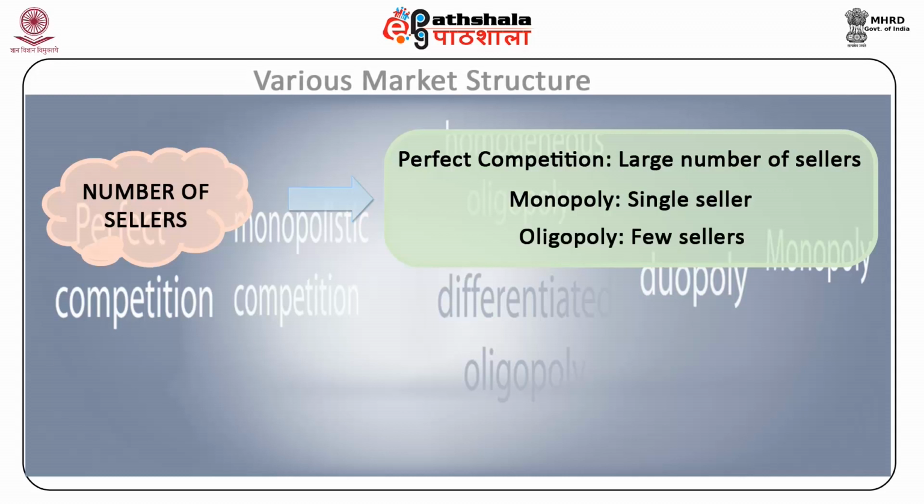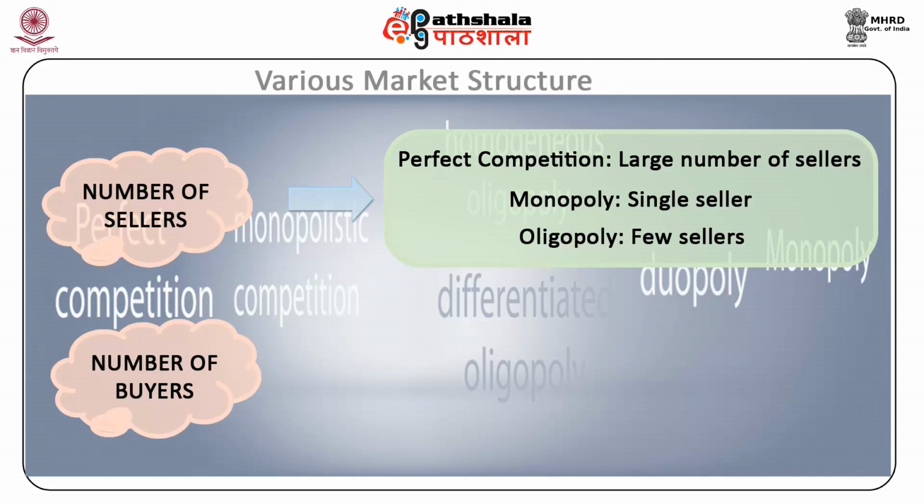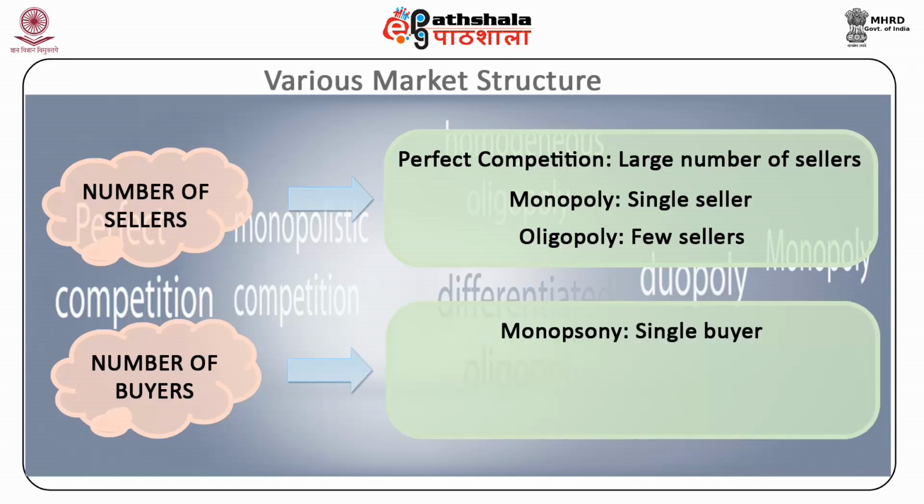Second determinant is number of buyers. Market structures are influenced by the number and nature of buyers in the market. If there is a single buyer in the market, it is called a monopsony market. Such markets exist for local labor employed by one large employer. There may be two buyers who act jointly in the market.